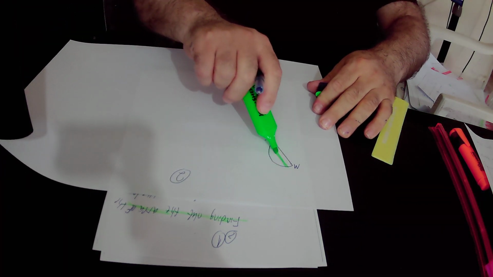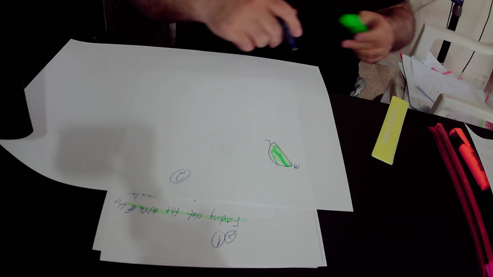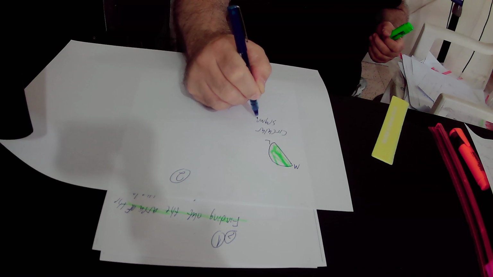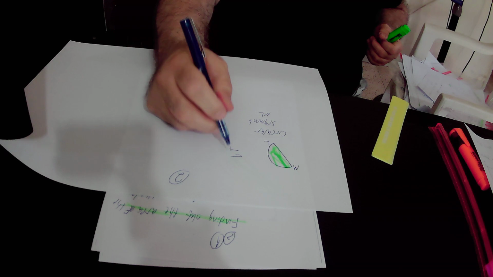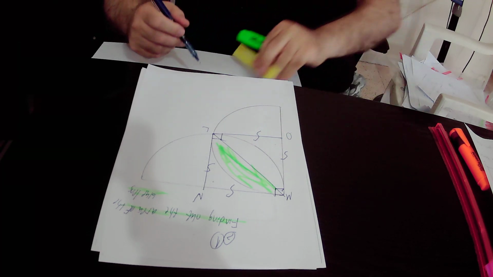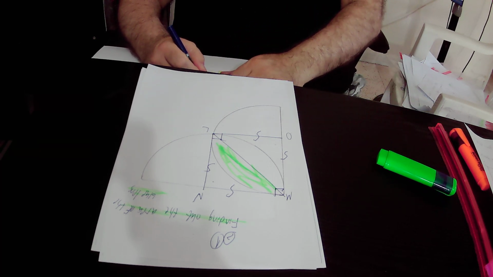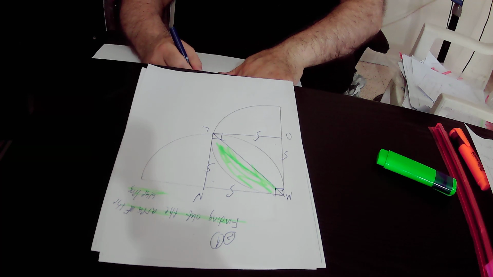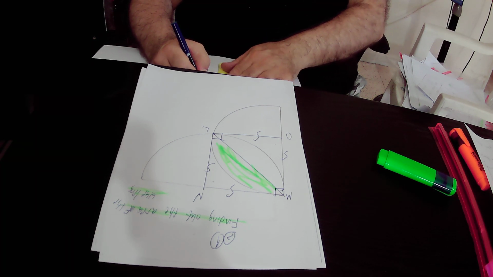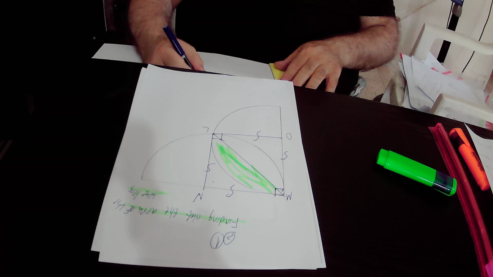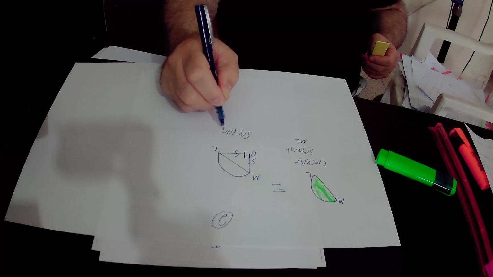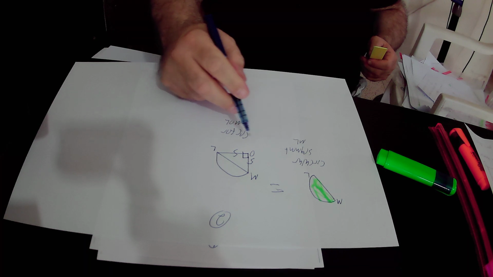The area of this circular segment ML, according to the formula that I presented to you in the beginning of the lecture, will be equal to the area of sector MOL, so this is sector MOL, minus the area of triangle MOL.